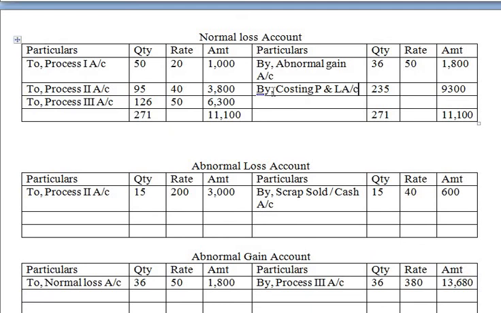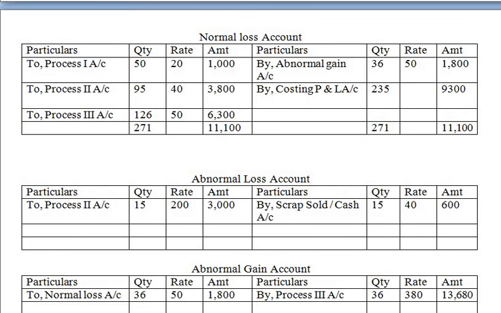Costing P and L account, in bracket you can write balancing figure. Now close this also. Here it is 15 units and here it is 3,000.